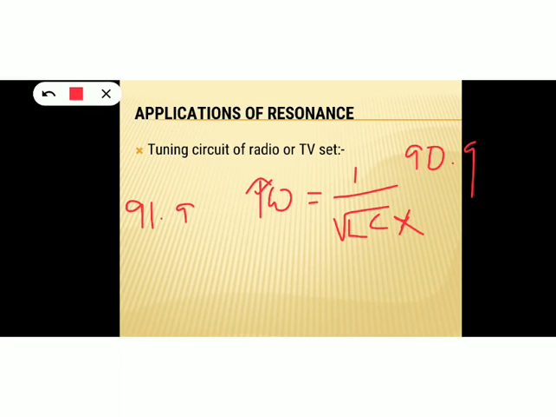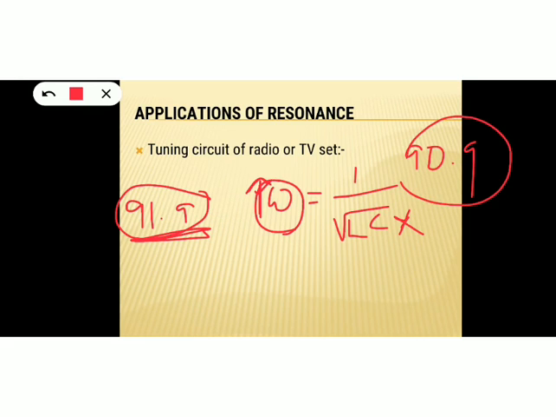So in order to listen to the Radio Mango channel, we need to get a frequency of 91.9. So for that we need to change the capacitance. By changing the capacitance, we can change the value of frequency, and when this frequency value becomes 91.9, okay, when we tune the circuit, the frequency value changes from 90.9 and finally it reaches the value of 91.9.